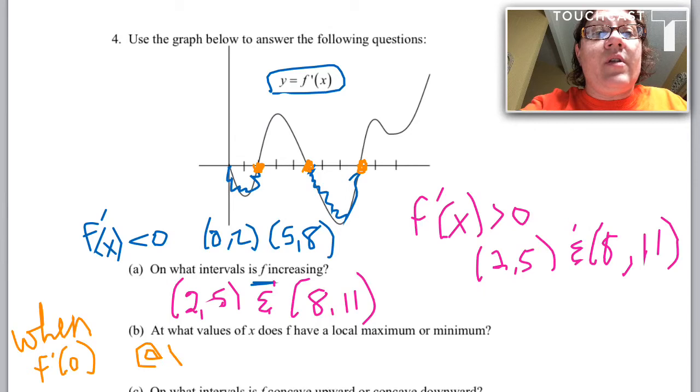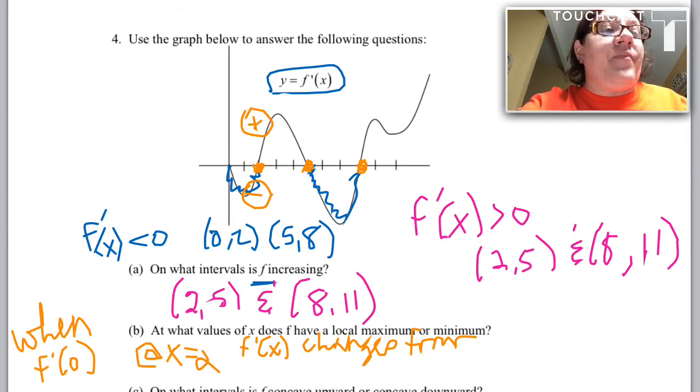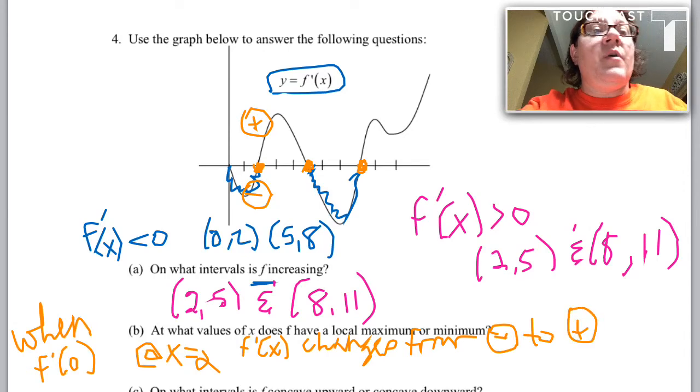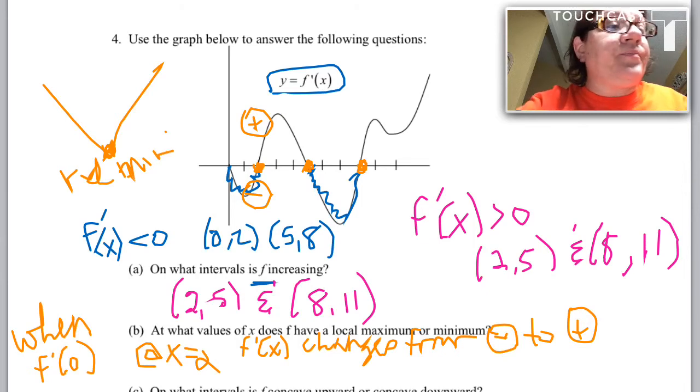So at x equals 2, it changes from, let's see, negative on the left side of it, to positive on the right. So negative to positive. And remember, if my slope goes from a negative to a positive, then this point would be a relative min. So at x equals 2, I have a relative min.